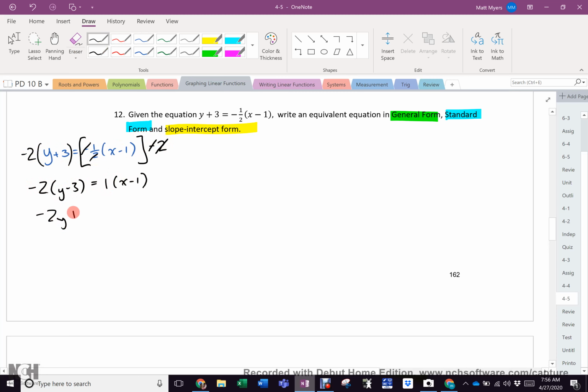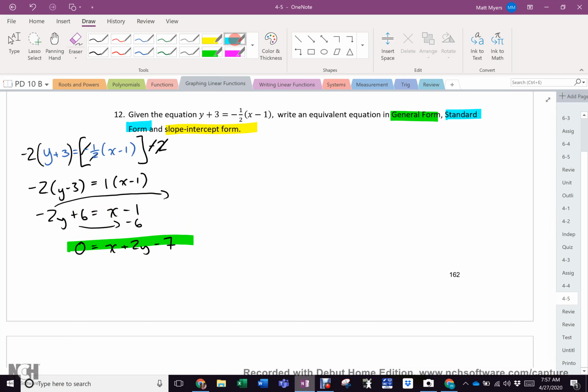Negative 2y minus 6 equals x minus 1. x is positive. 0 equals x plus 2y. Move that over and move that over to become 6 minus 1, which is 5. There is general form. Standard form, his ugly cousin. I just move that 5 back over here. 5 equals x plus 2y.